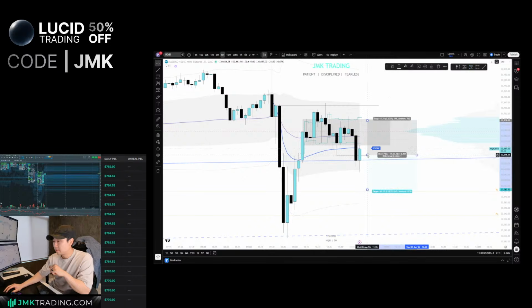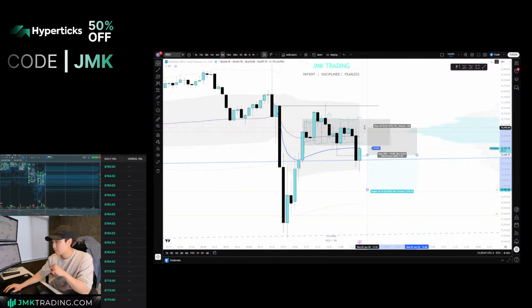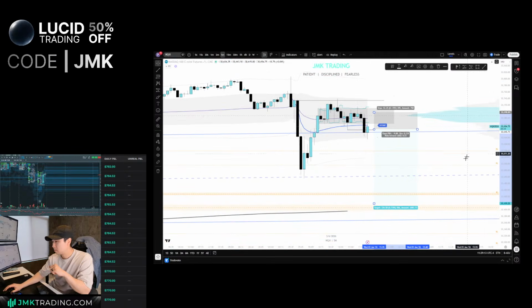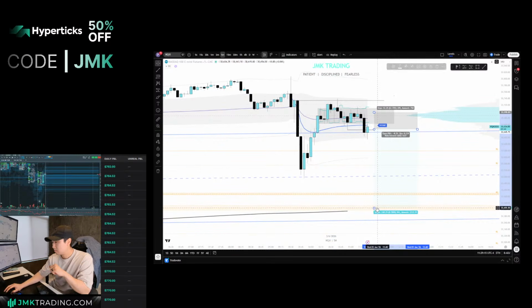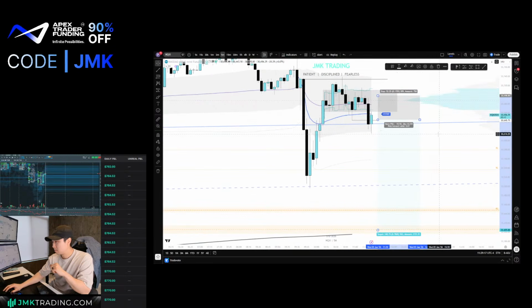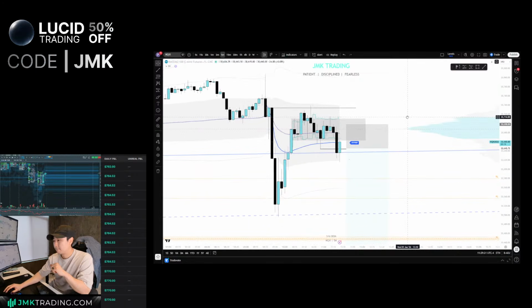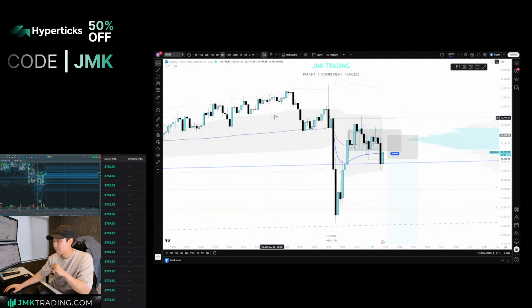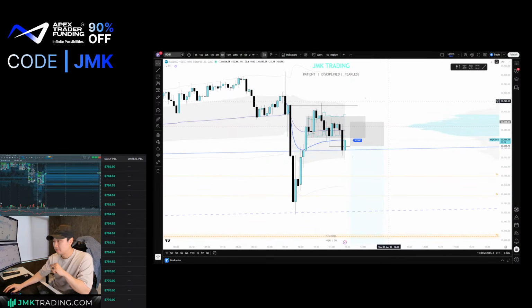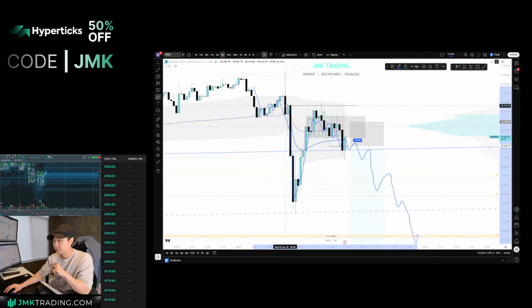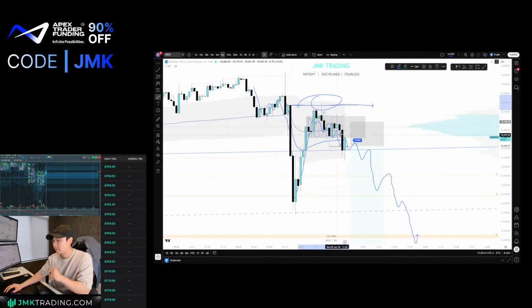Any sort of variation of this looks good to me. This is definitely looking like bearish distribution. V-shaped bearish distribution. We've already tested this. Looks like we couldn't reclaim it.